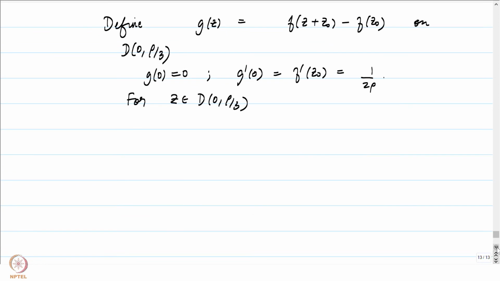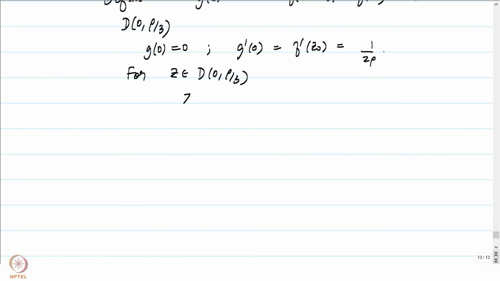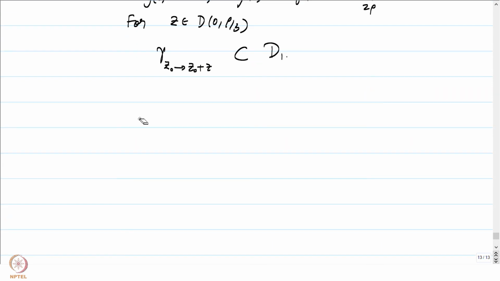The first observation is that the curve gamma from z0 to z0 plus z is sitting inside D1. Then by the fundamental theorem of calculus, f of z plus z0 minus f of z0 is going to be equal to the integral of f prime of z over this curve.